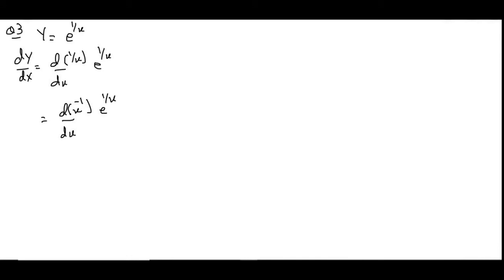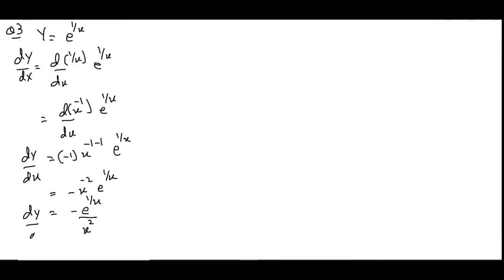So minus x raised to power minus 2 e raised to power 1 by x, and finally we can write minus e raised to power 1 over x, whole divided by x raised to power 2. This is our answer.